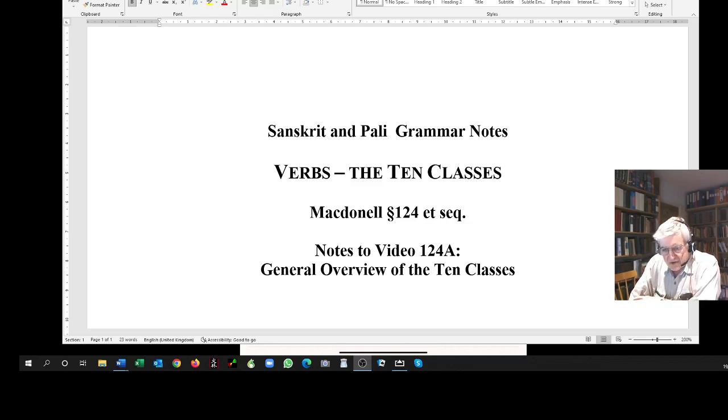The other tenses, the future, the aorist, the reduplicated perfect, and so on, the class system has got nothing to do with those. Equally, the formation of the pure passive is outside this classification system.